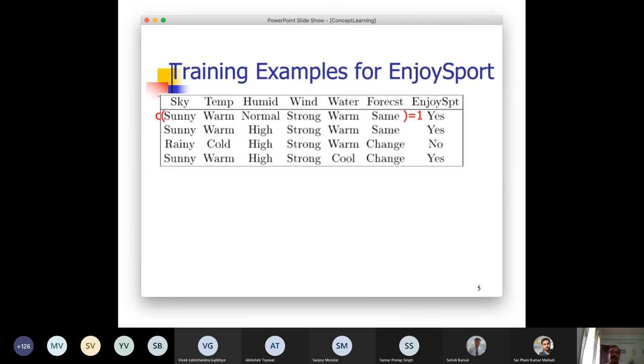The first one has sky is sunny, temperature is warm, humidity is normal, wind is strong, water is warm, forecast is same.